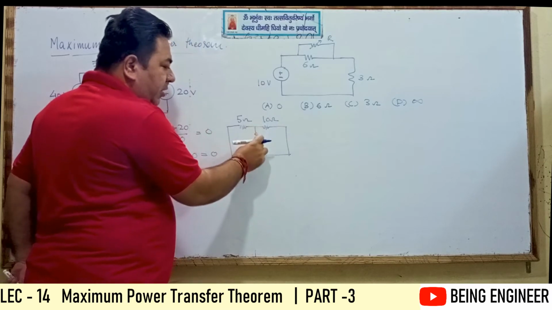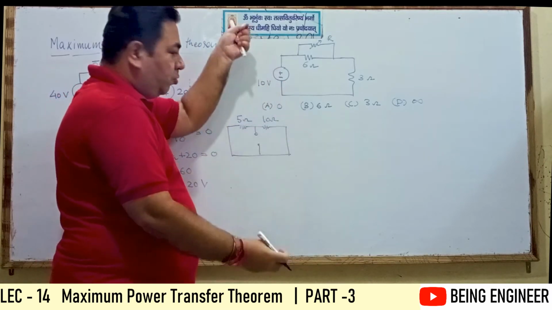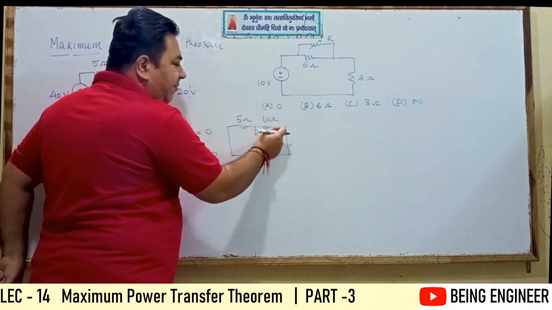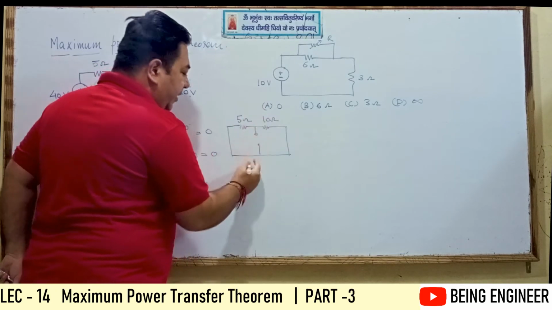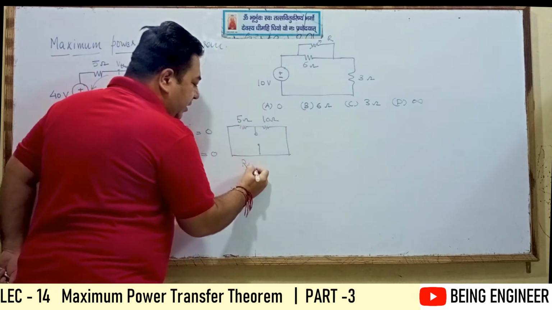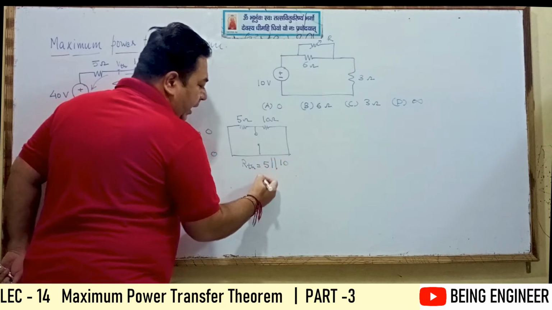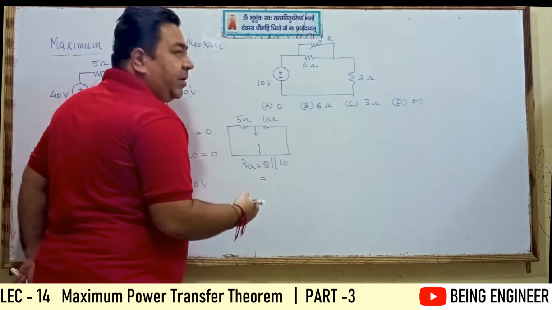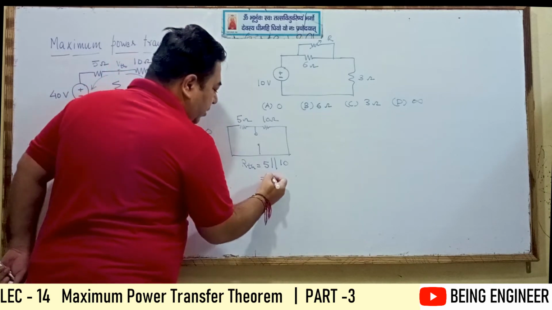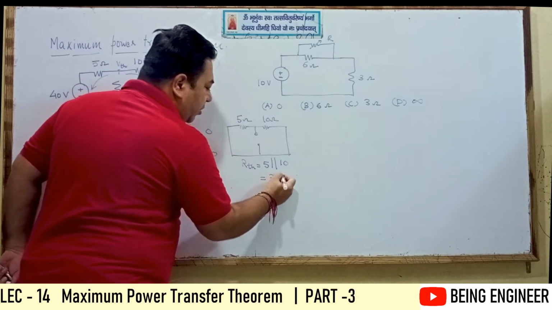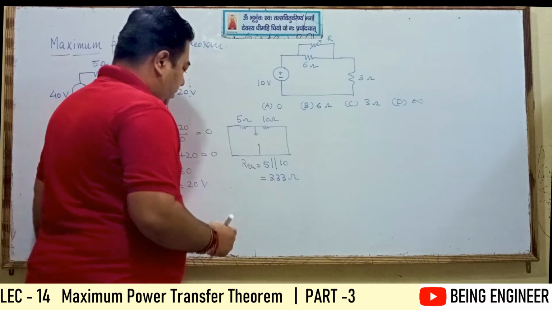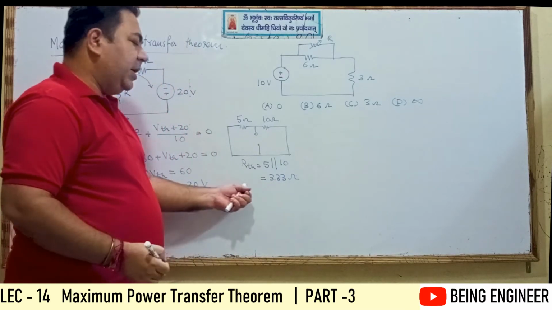If I take these two terminals and open them outward, it is clearly visible that the 5 ohm and 10 ohm resistors are connected in parallel. So RTH is nothing but 5 parallel 10 ohm, which equals 50 upon 15, that is 10 by 3, which is 3.33. So I have VTH and I have RTH.